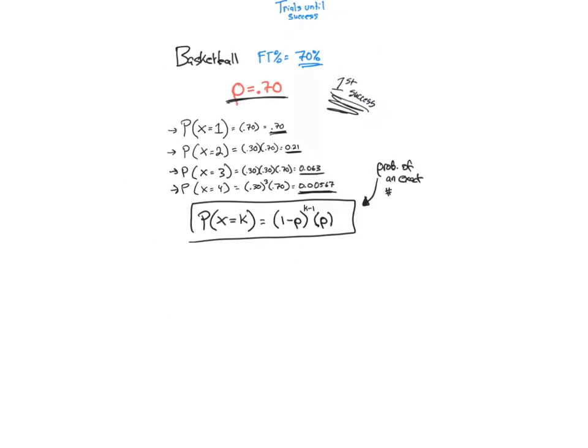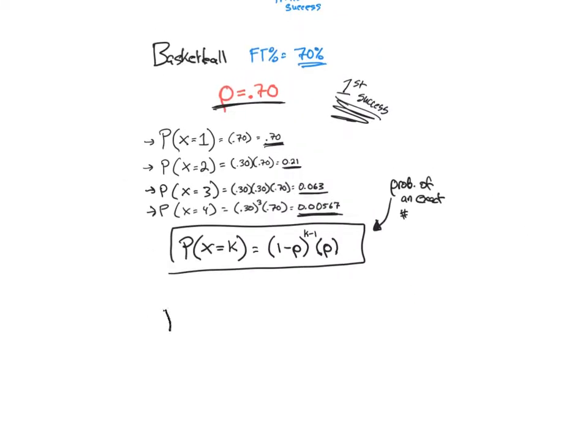So sometimes you get problems like this though, right? They'll say, what is the probability that x is less than 4? So can you interpret that for me? You know what that actually is saying? It's saying what is the probability that the first success came on the first shot, or the first success came on the second shot, or the first success came on the third shot.